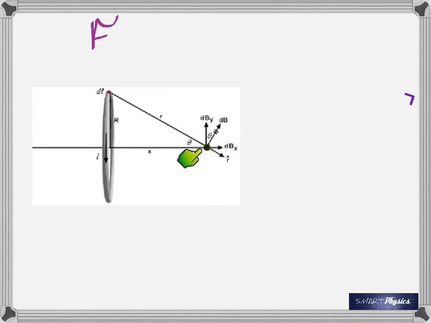Please listen very carefully. Now imagine that this loop is divided into a number of elemental conductors, and we're looking at a conductor right on top. Can you see that? So isn't this the line joining that conductor to the point, and therefore the distance is r? Isn't that how we take the distance?